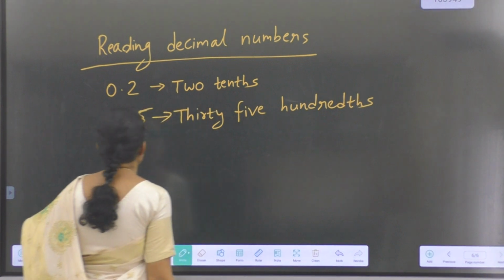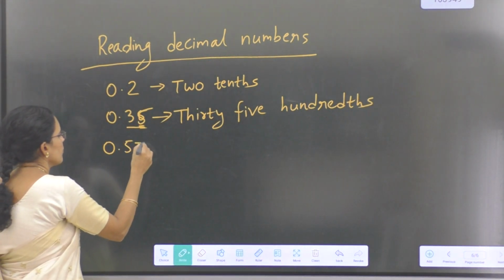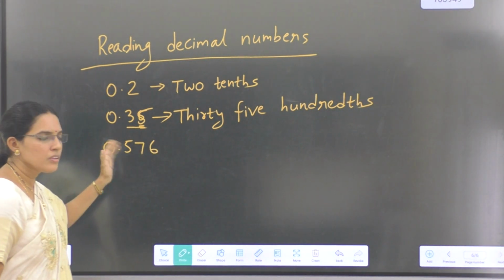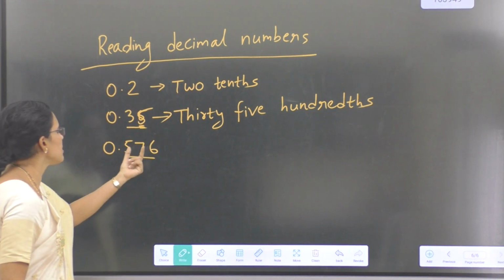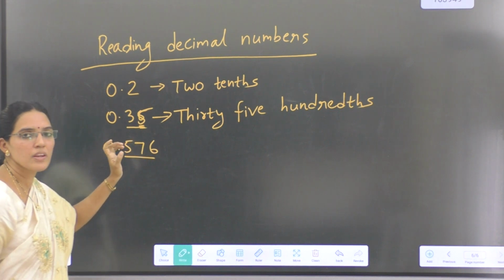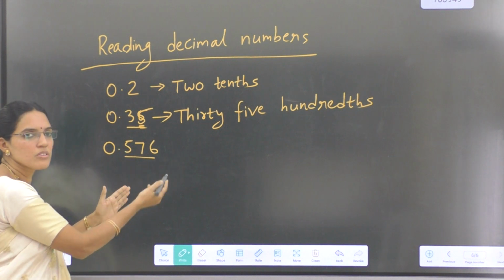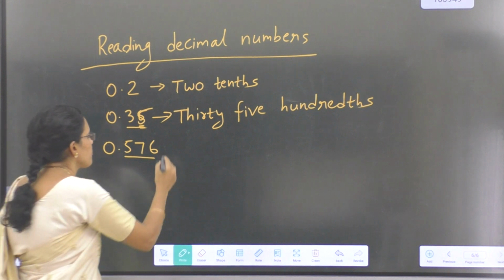35 hundredths. Now, there is no whole part, we are writing only the decimal part. 0.576. Last digit 6 is there in which place? Tenths, hundredths, thousandths. 6 is there in thousandths place.